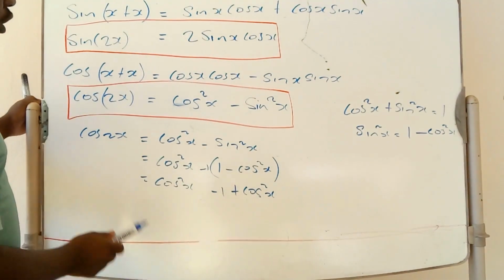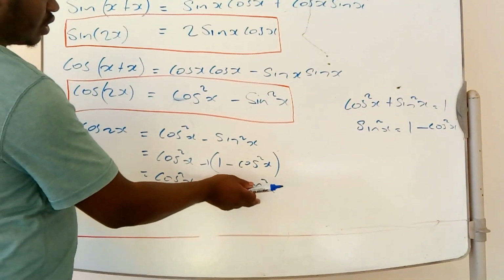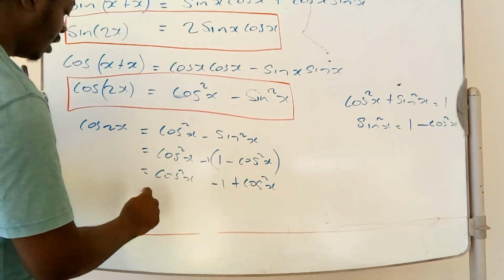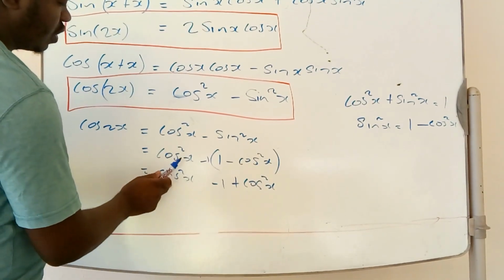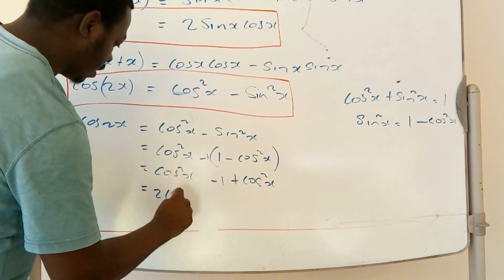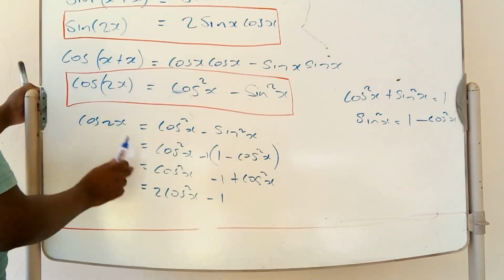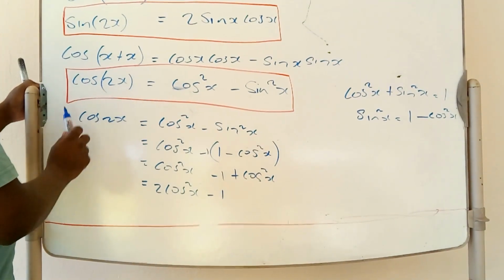Now you have one cos squared of x here and another cos squared of x here. You can add them together. So our final answer would be cos squared of x plus cos squared of x, that's just 2 cos squared of x minus 1. So that's another identity. That's another version of cos 2x.